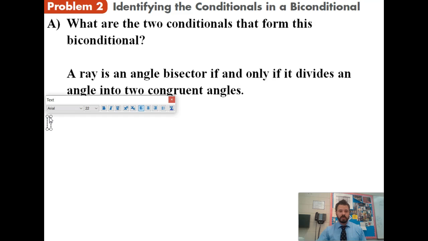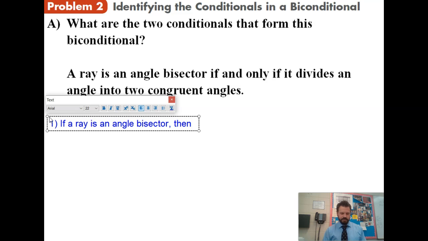So the first conditional could be: if a ray is an angle bisector, then it divides an angle into two congruent angles.